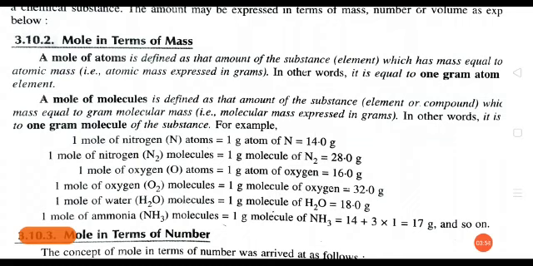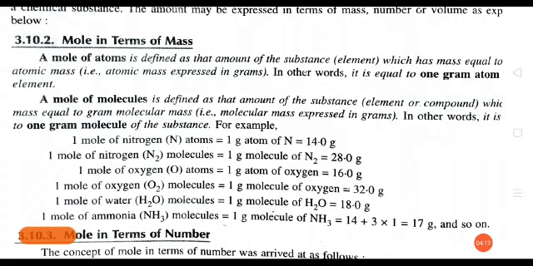1 mole of molecules of a substance has a mass equal to the gram molecular mass of that substance. Now again one more question. What is gram molecular mass? Molecular mass expressed in grams is called gram molecular mass.